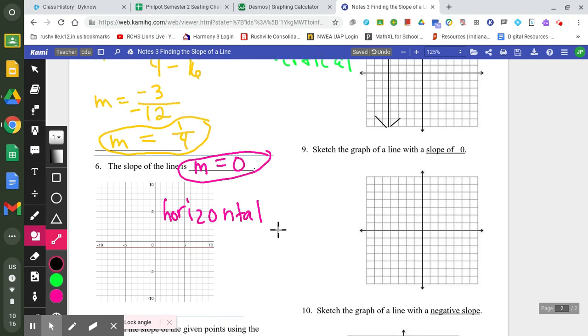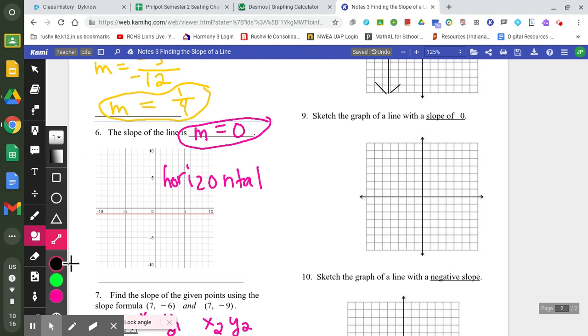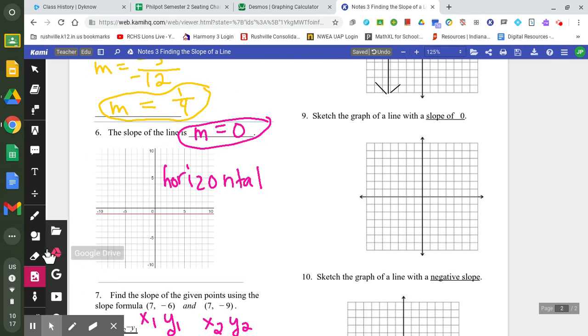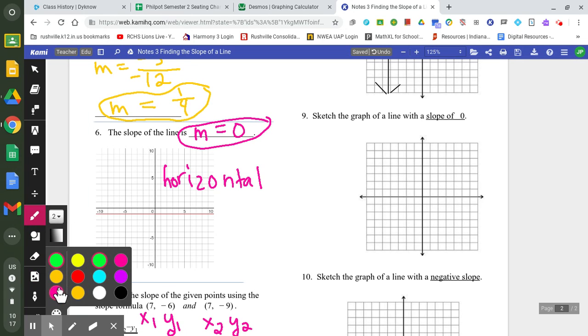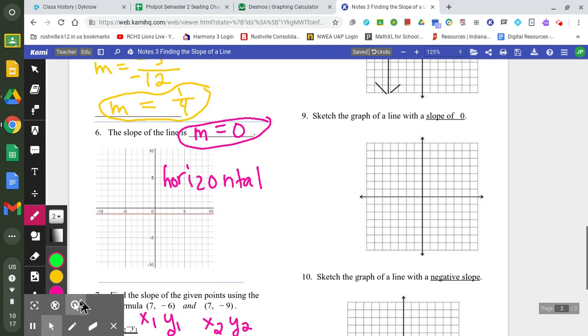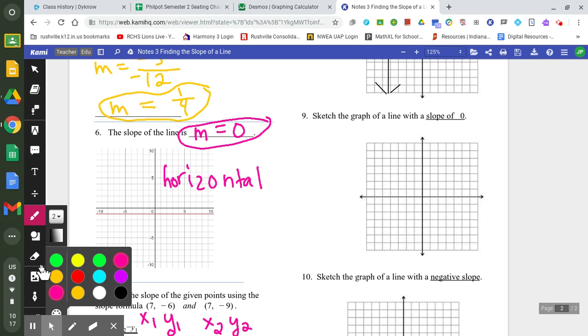Then moving on to number 9, you may actually be asked to graph something like a slope of undefined or a negative slope or something, but there are examples here. Sketch a graph with a line with a slope of 0.